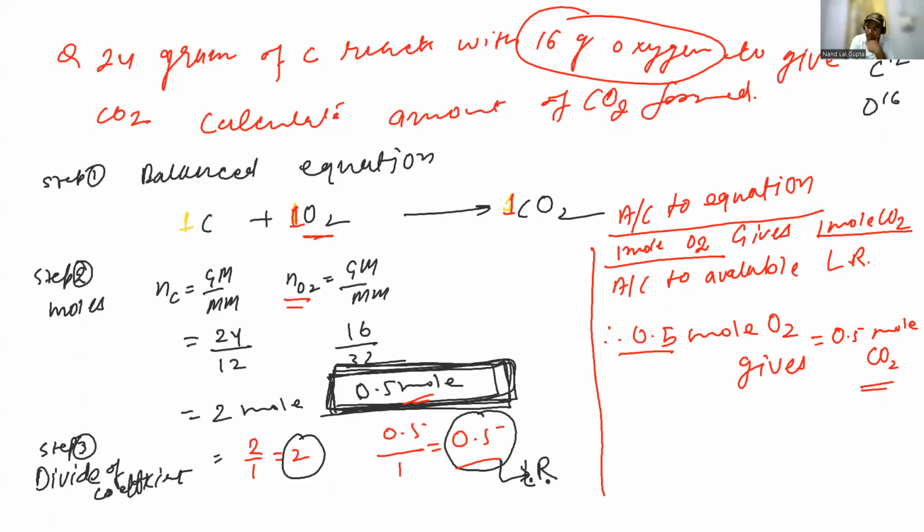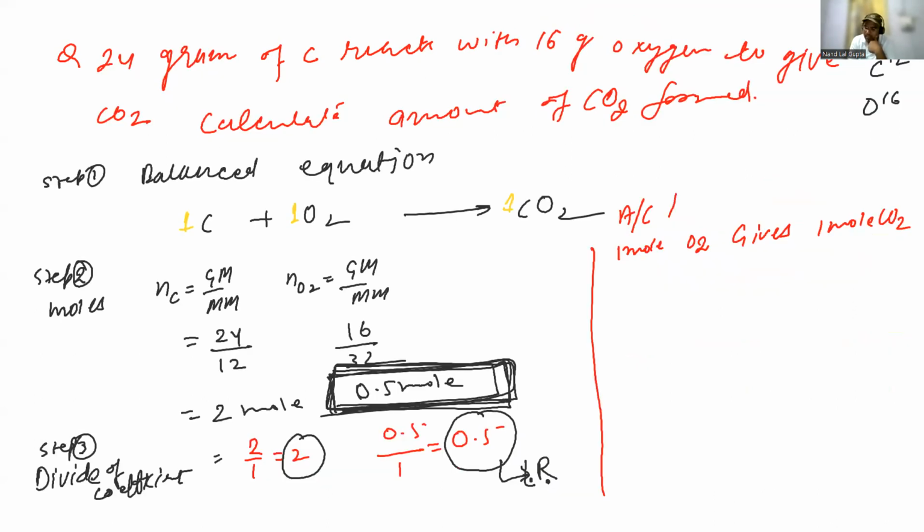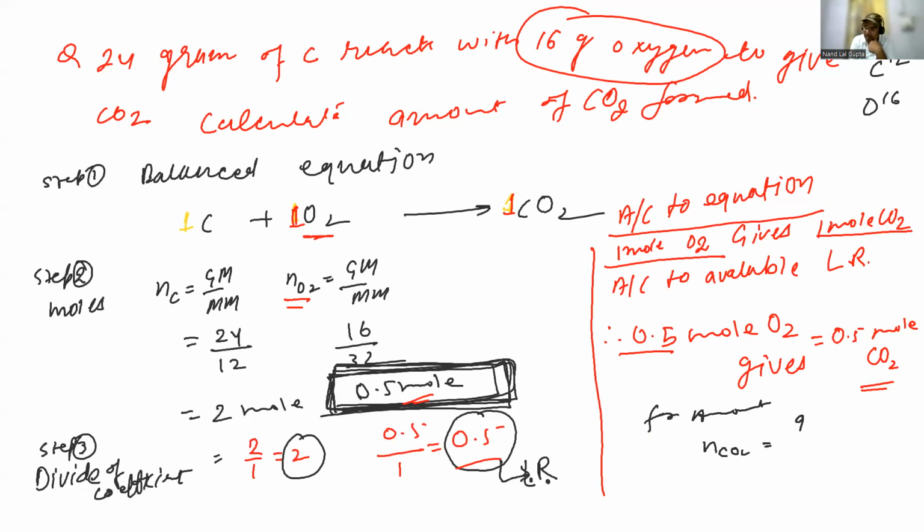Yes. So now the amount. n of CO2 is equal to mass, the gram mass, or you can also write given mass. Given mass or gram mass, both are the same, upon molar mass. n of CO2 is 0.5, and the gram mass is the amount we need.